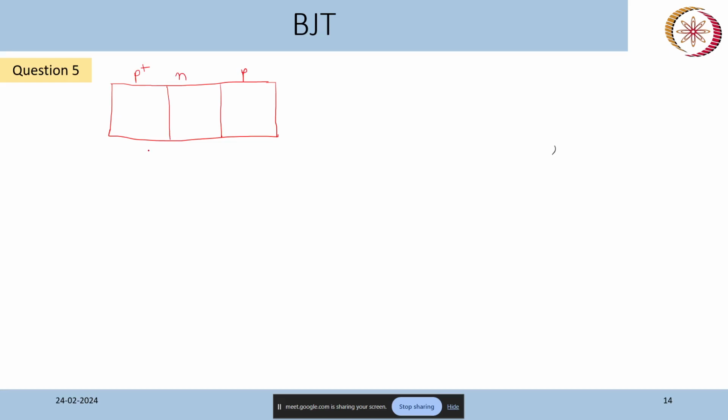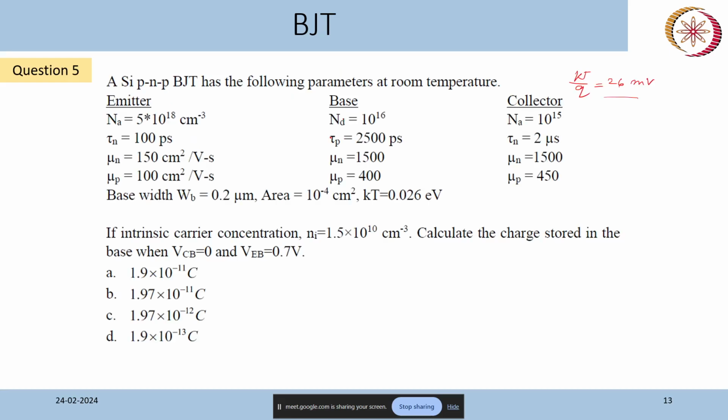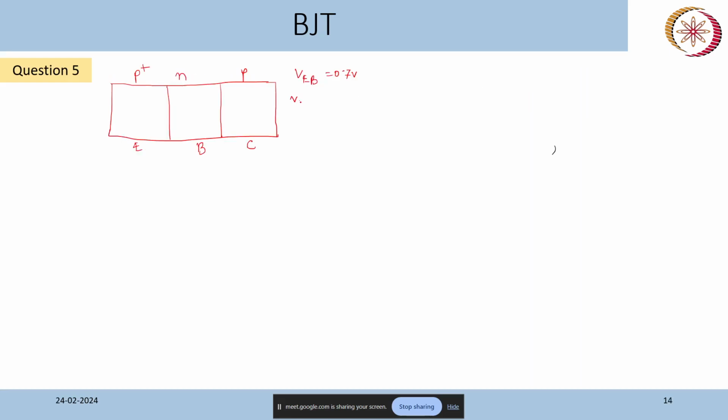This is emitter, base, collector. So emitter terminal is connected to 0.7 volt.